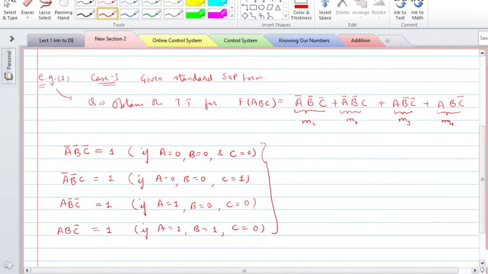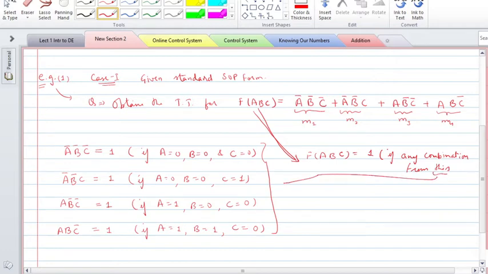This gives that if any of the combinations exist for this function, then the function F(A,B,C) equals 1 if any combination from this list is satisfied, or you can say that any of the min terms gives you 1.